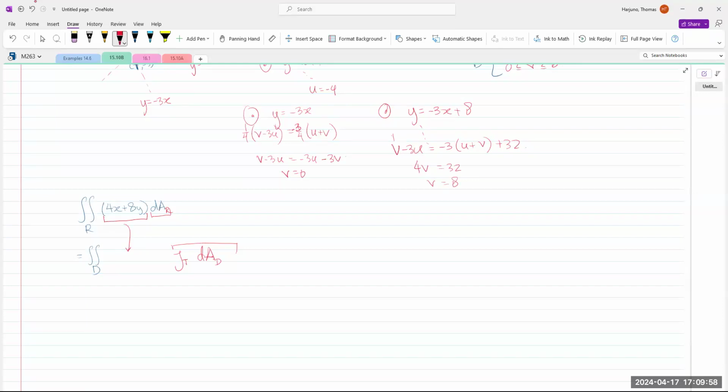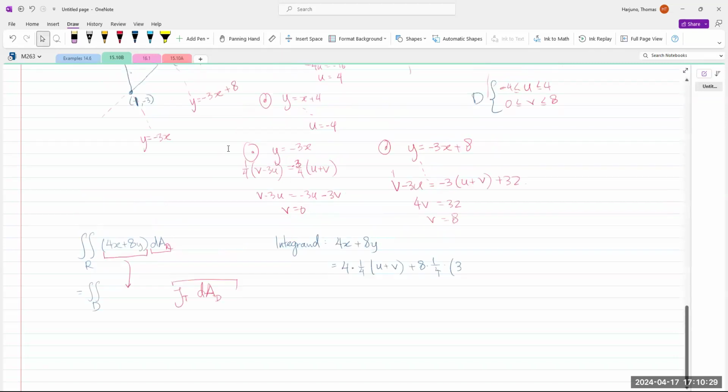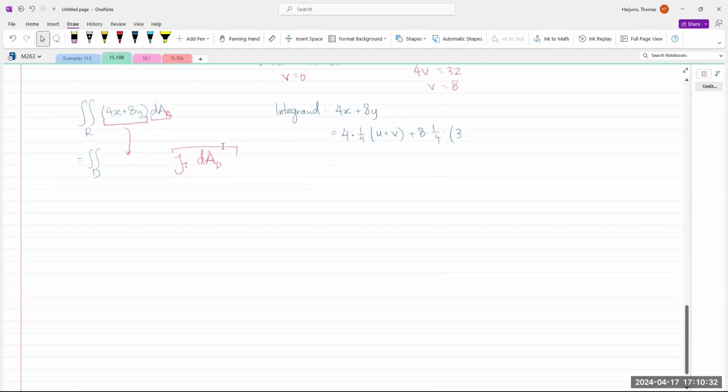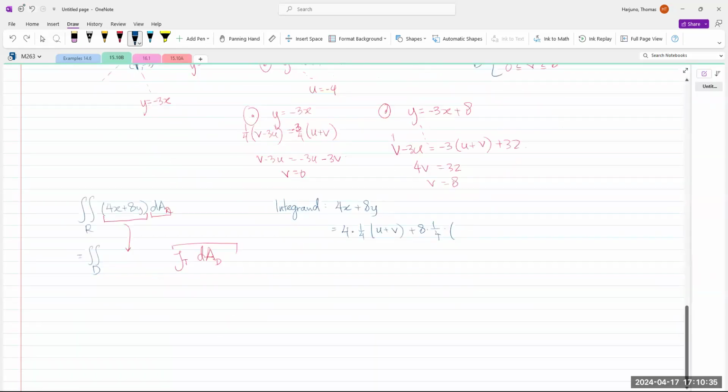That's our plan. At least we get the D already. Next, how about the integrand, or the density, 4x plus 8y? If I change that in terms of u, that will be 4 times 1/4 of u plus phi, plus 8 times 1/4 of phi minus 3u.